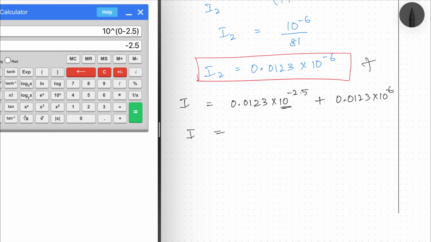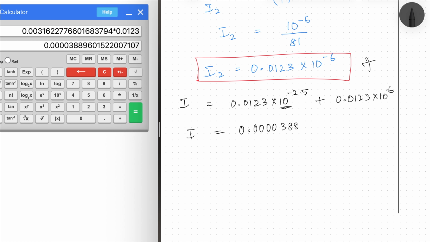Okay, you're getting a value, and you have to multiply it with 0.0123, and you'll get 0.000040388. Okay, so this is the value.